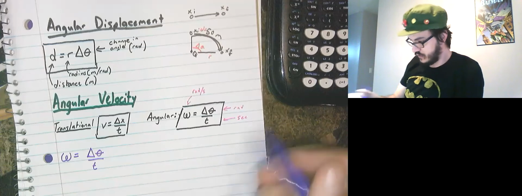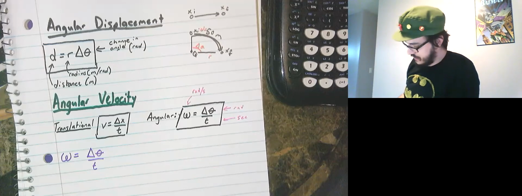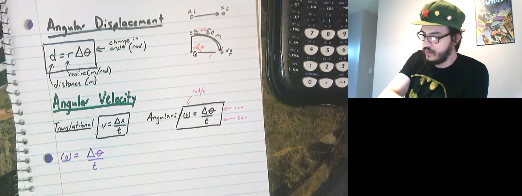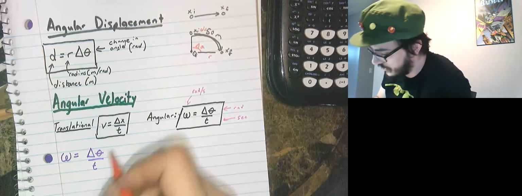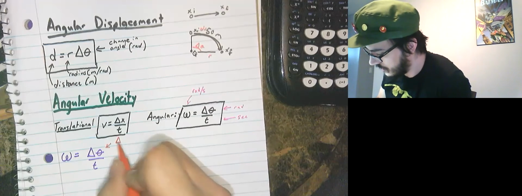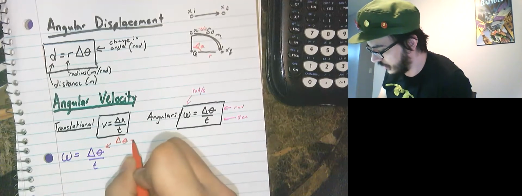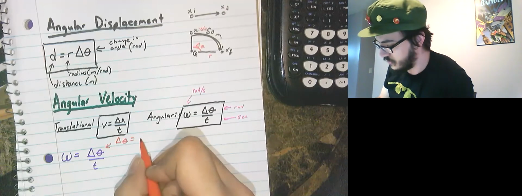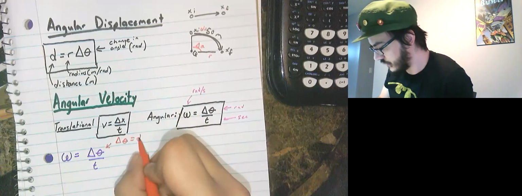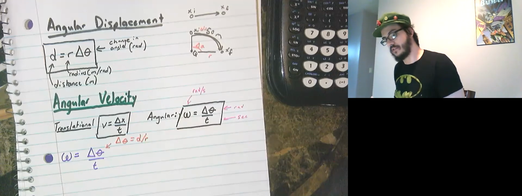There we go. Just rewriting it. And then we look back to the formula we have right here. We know that the change in angle is distance per radius.